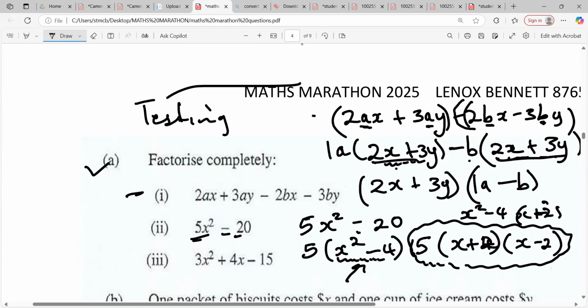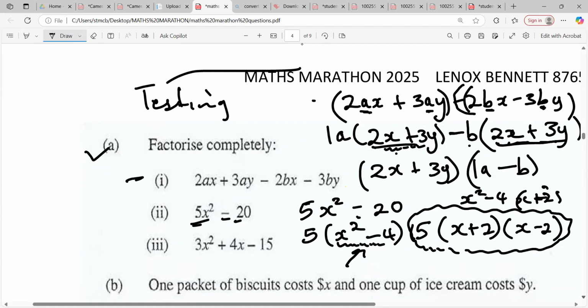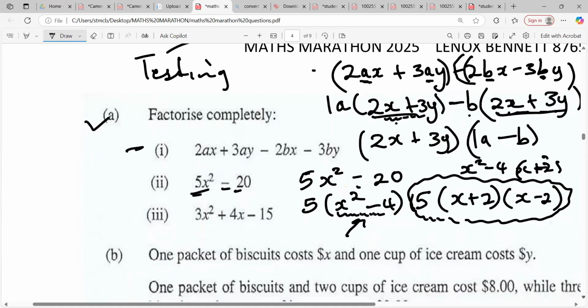But this is what they're expecting you to do. They want you to further factorize. So when you get the factorization, guys, just double check if you can get a difference of two squares or if you can factorize further, right? I think I saw Akila did that though. So good job. All right, let's look at this one.